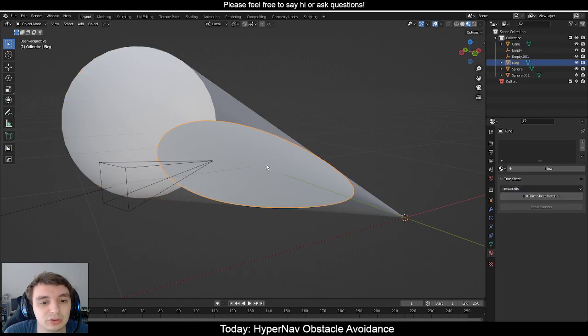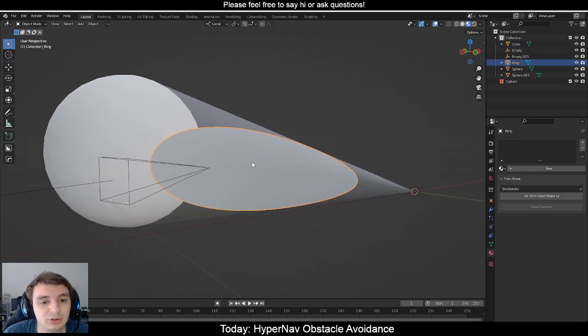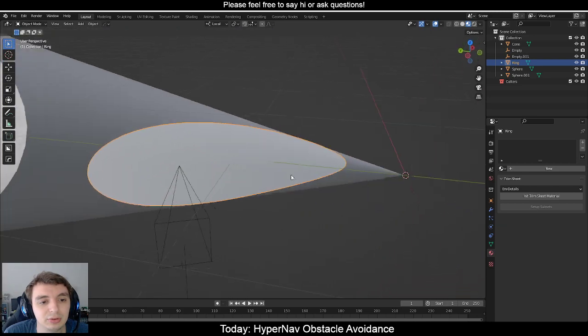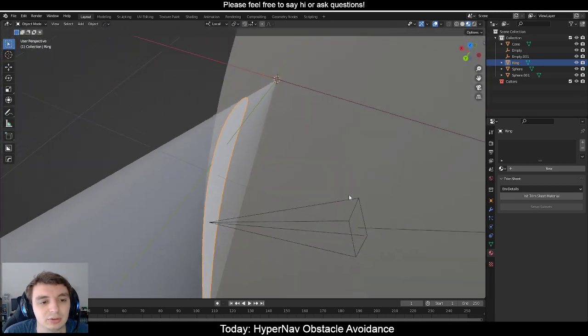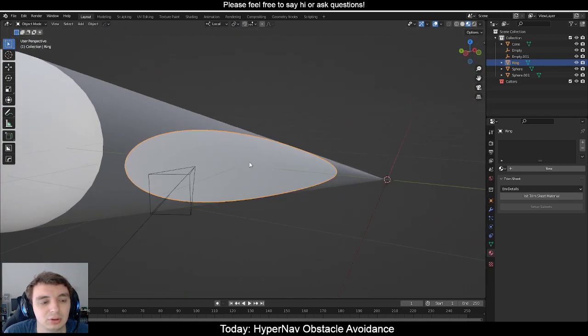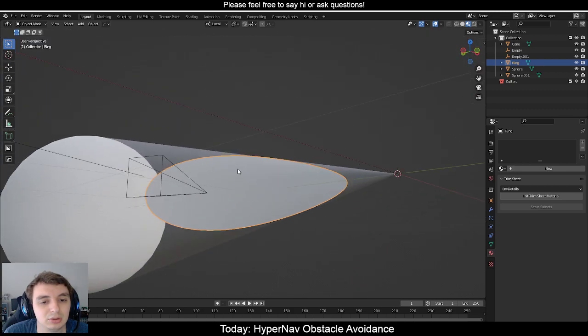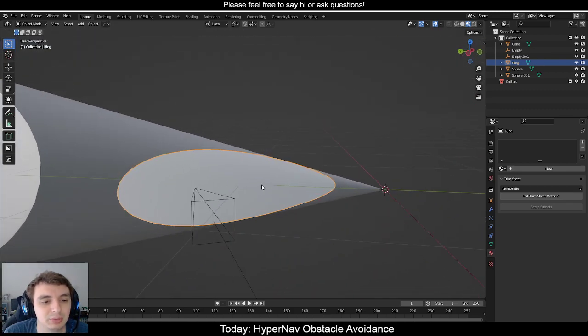So this... Is this even an ellipse? No, I mean, it's not an ellipse. I don't know how you would describe this shape.